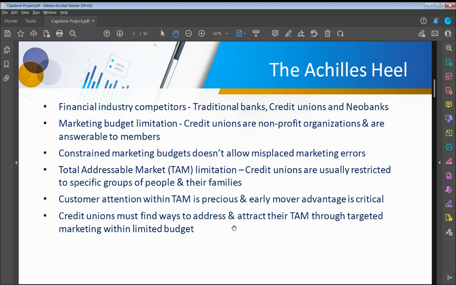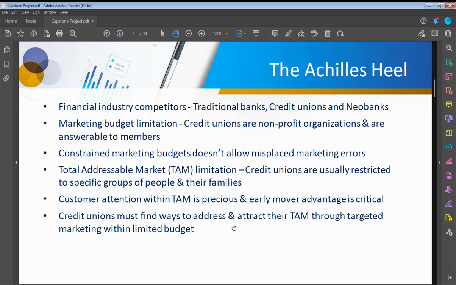You also have other credit unions which are bigger in size because the member base is quite huge. And you also have neobanks, new fintech companies who provide an online experience to customers and are able to attract more and more people on a day-to-day basis.